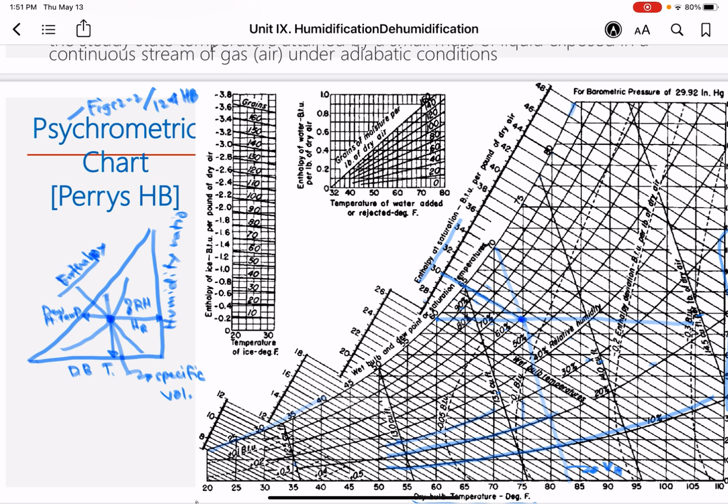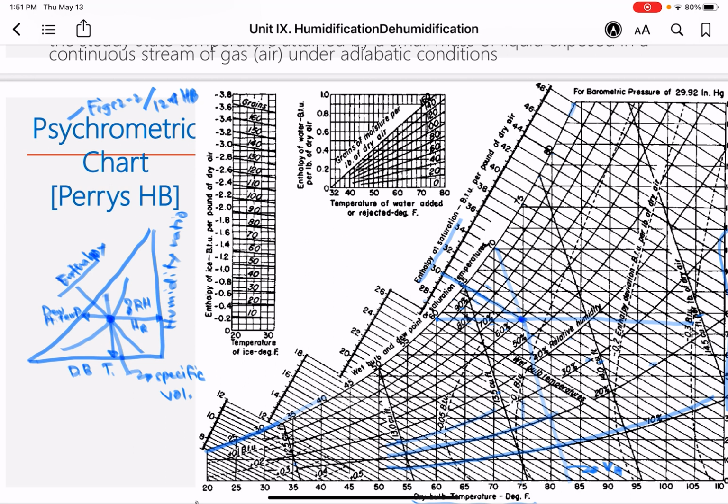At different curves of your RH, it indicates the different values of humidity measured in percentage. Take note that the value of your RH reduces from left towards the right. So the extreme left curve indicates the 100%. Ito yon. So as you move to the right, decreasing.